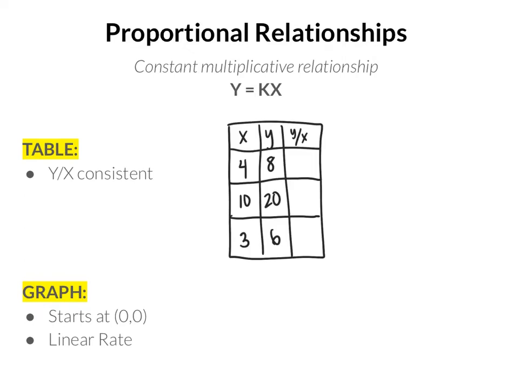So for example, looking at this table, we're trying to figure out if the relationship of y divided by x, because that's what that slash sign means, is y divided by x, y over x, is consistent. Is there a multiplicative relationship? And you might be wondering, why are we going to divide to see if there is? Well, if I take y and divide it by x, that's 8 divided by 4, which is 2.